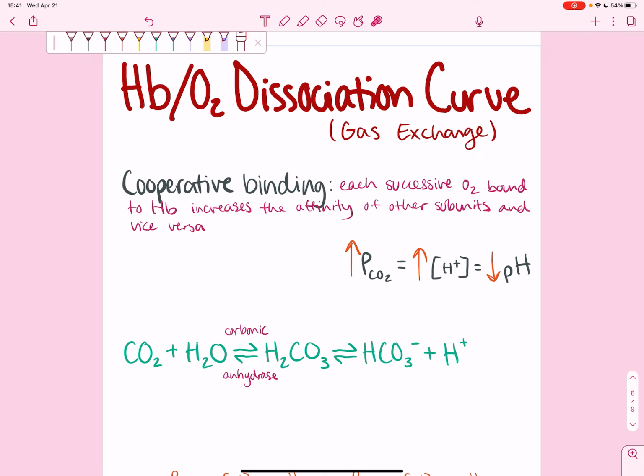You need carbonic anhydrase in order to go from here to here, but once you're here, you don't need any other kind of enzyme to help you go from here to here.